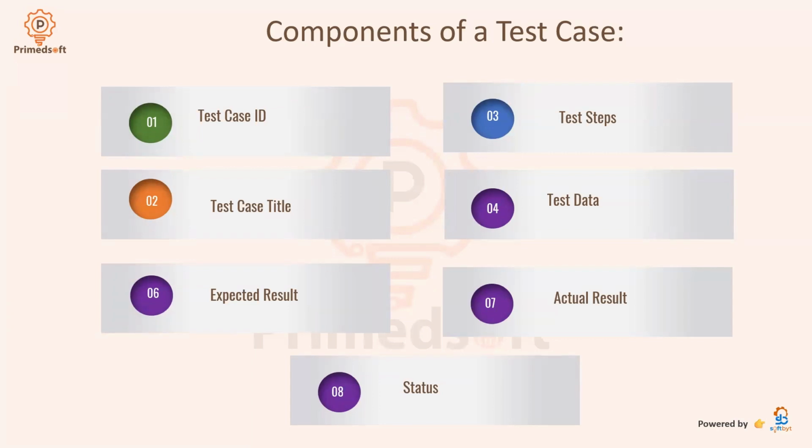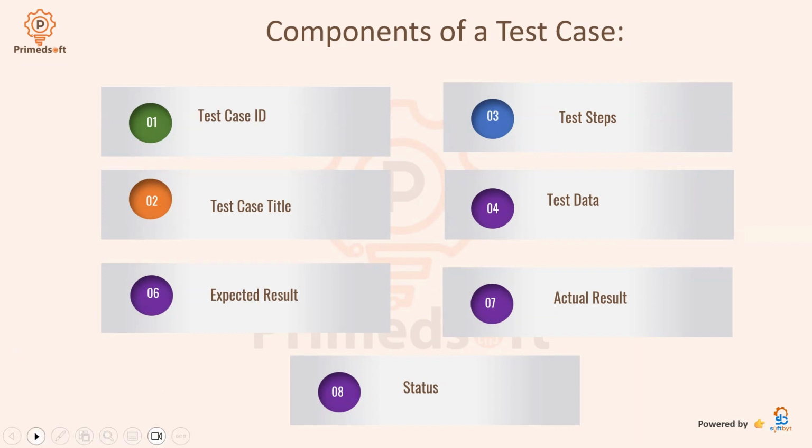Then we have not executed. When you've written your test case and you've not actually executed it, the status will be not executed. We have so many other statuses as well. Some, like in Azure, will have not run, blocked, maybe you are testing it and you've blocked it. Azure also has a status of not applicable. These are just a few of them that I've mentioned.